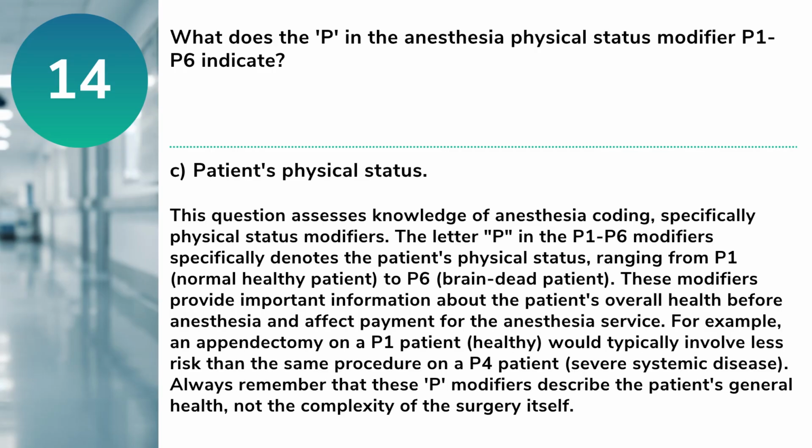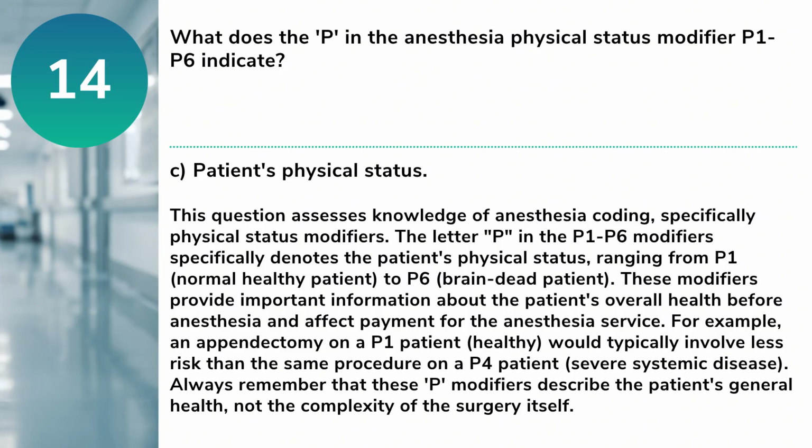Answer: C. Patient's physical status. This question assesses knowledge of anesthesia coding, specifically physical status modifiers. The letter P in the P1-P6 modifier specifically denotes the patient's physical status, ranging from P1, normal healthy patient, to P6, brain-dead patient.